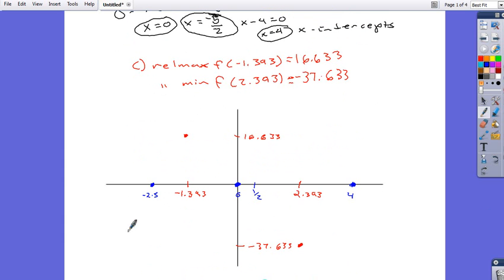So I know I'm increasing. This is not going to look good, guys, so I'm sorry. Let's see if I can do that better. Increasing. Decreasing. Then increasing.